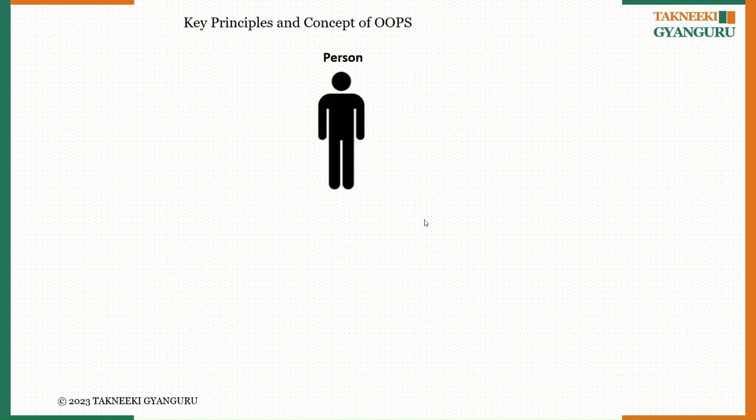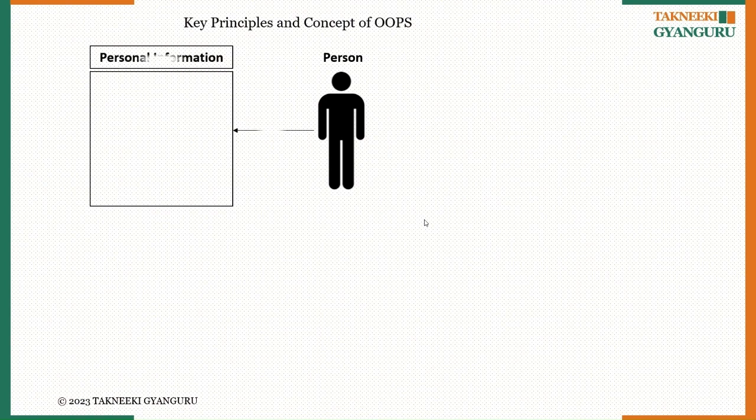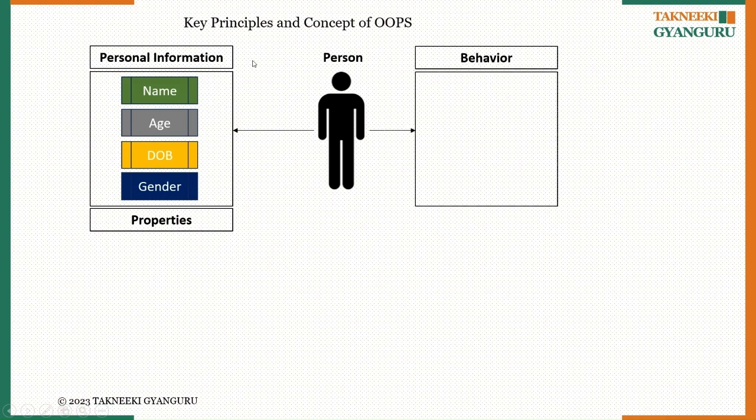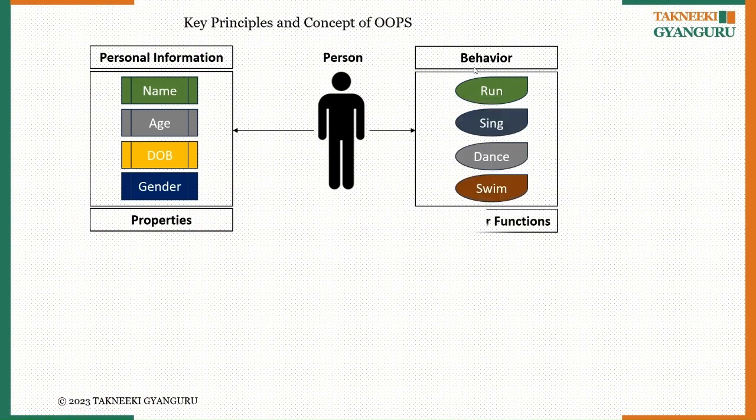A person should have some personal information like name, age, date of birth, gender. This personal information is called properties. And this person should have behavior, like he can run, he can sing, he can dance, or he can swim, and these behaviors are called methods or functions.